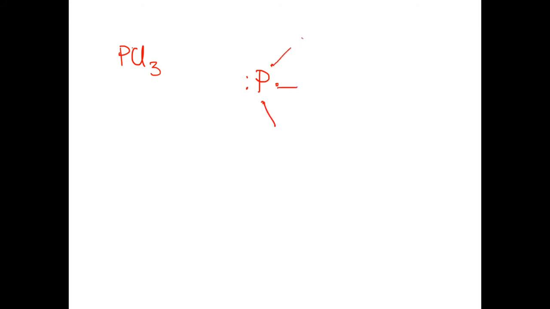So I'm just going to draw chlorines here. You just need to remember that each and every chlorine is surrounded by 8 electrons: in this case, 6 plus a single bond. The fact that you form only a single bond here is because you share 1 electron with the phosphorus.